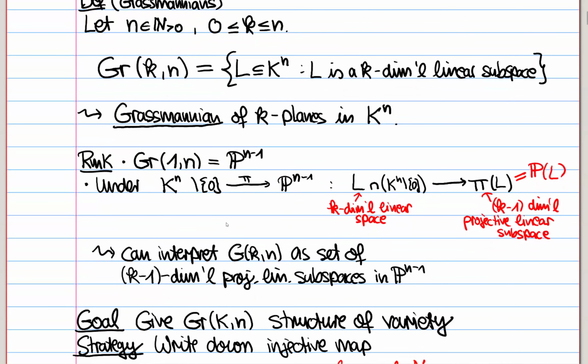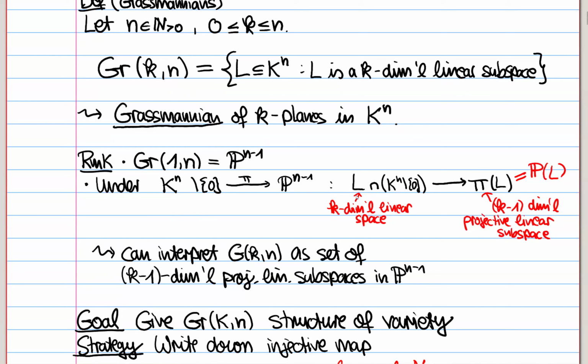Moreover, as a second interpretation of these Grassmannians, note that if you look at the standard projection map from K^n minus 0 to P^(n-1), then if you have a k-dimensional linear subspace inside K^n, and you intersect it here, and you project, then you get a subset of this P^(n-1). This subset is exactly the same thing as P(L), if you see L as a cone inside K^n. So this is the projectivization of this linear subspace. And going to the projectivization reduces the dimension by 1.